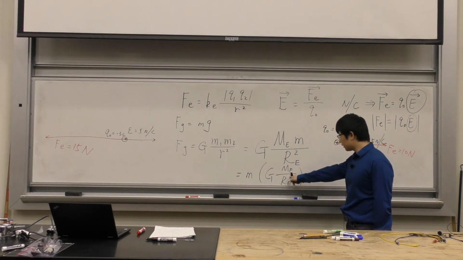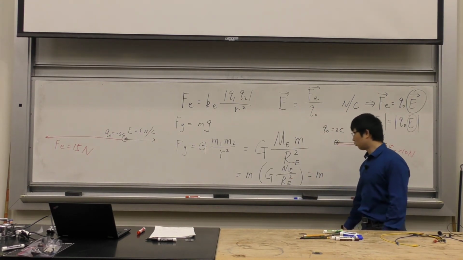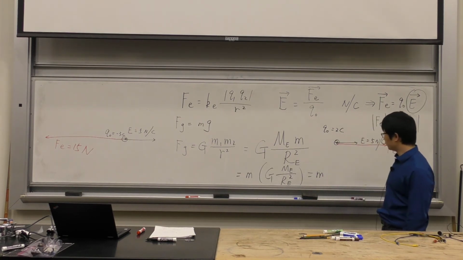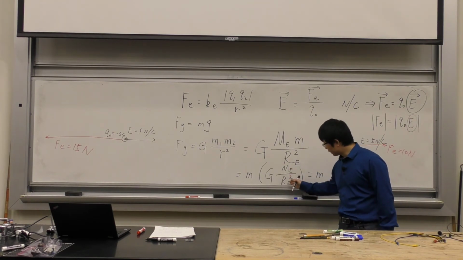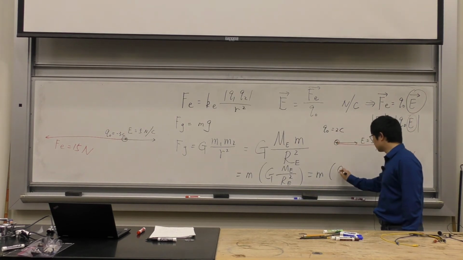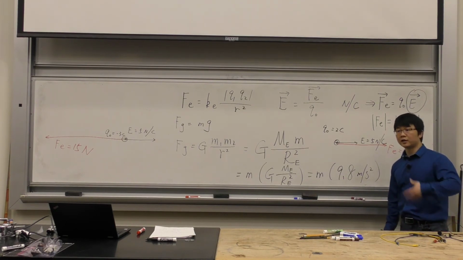So we did that in physics 1. If you took physics 1 with me, or if your professor did that with you, you put the mass of the Earth, the radius of the Earth, and the big G, the constant, and you will get 9.8 meters per second squared.